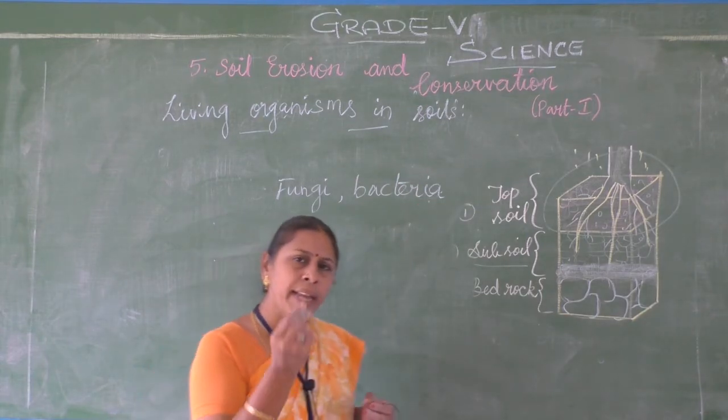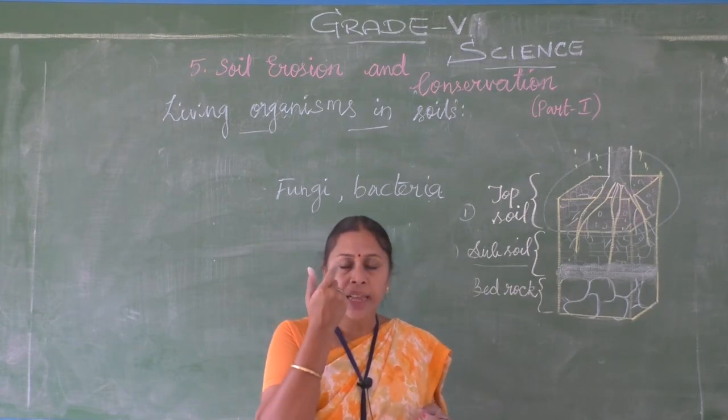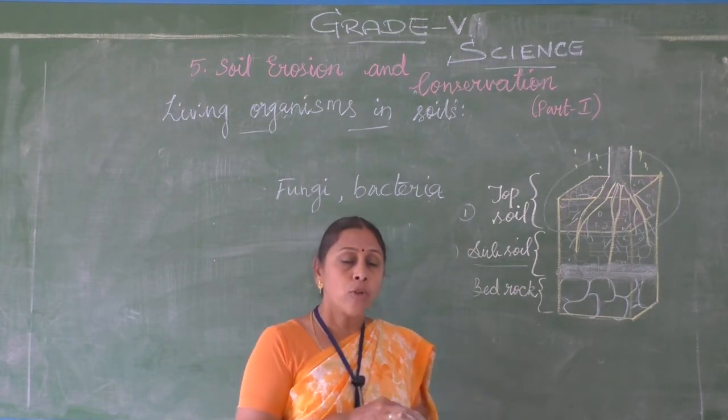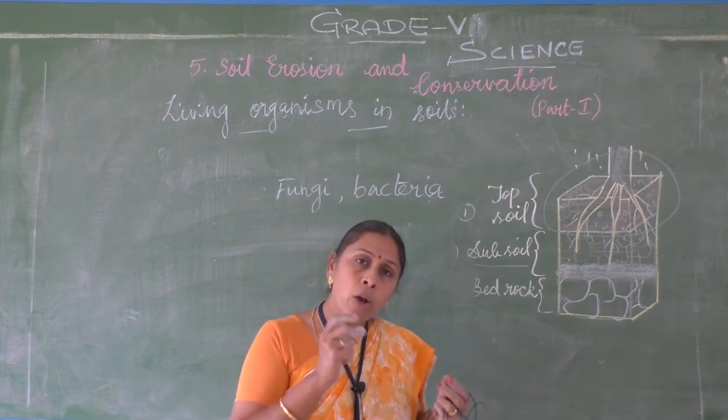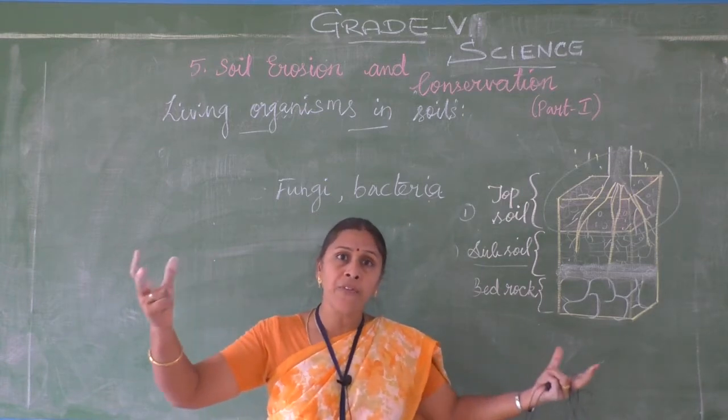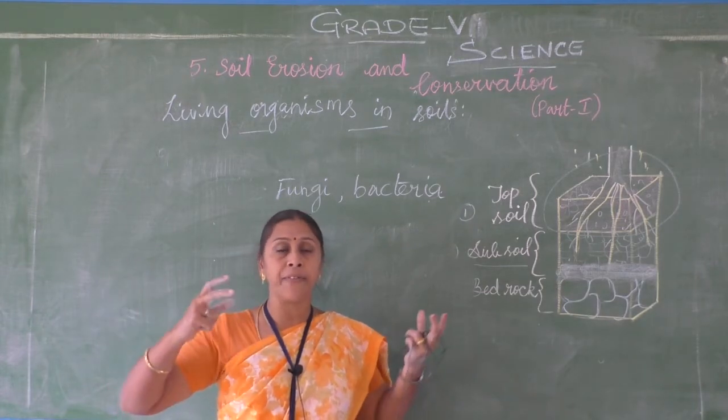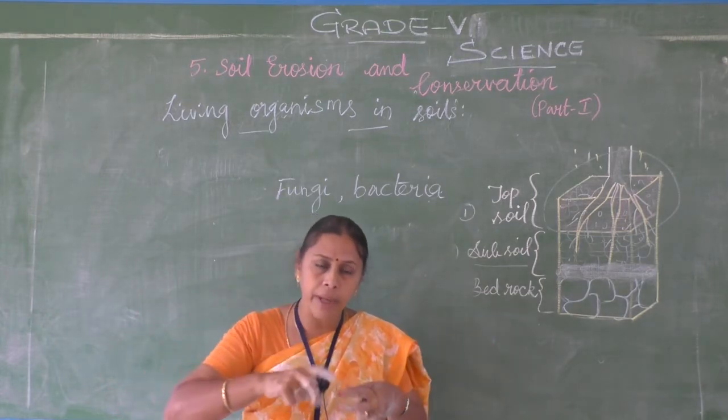They are all very, very small. We cannot see with our normal eyes. We have to see under the microscope. Those living organisms and big animals like elephants, rhinoceros and all are living on the soil.